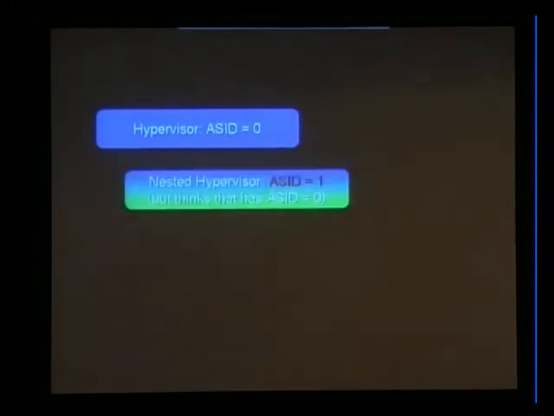What about ASID conflicts? Consider this scenario when the primary hypervisor has ASID 0 and it launches a guest and assigns it ASID number 1. ASID is a new feature from AMD which enables tagged TLB caches, so that a VM exit will not generate a TLB flush on every world switch.